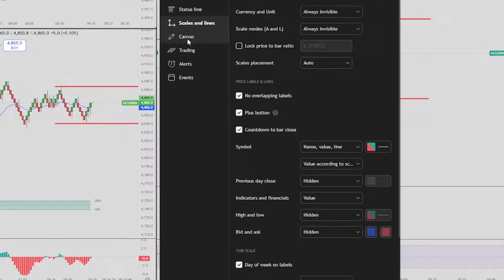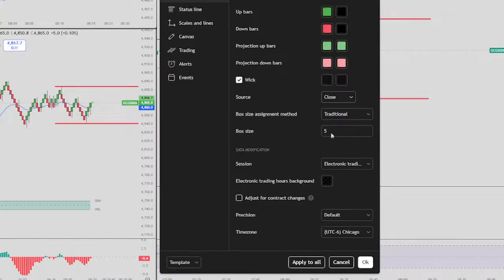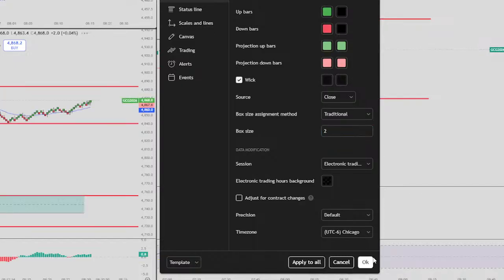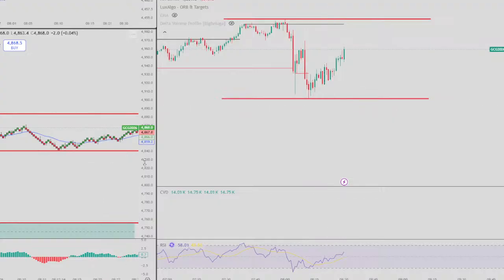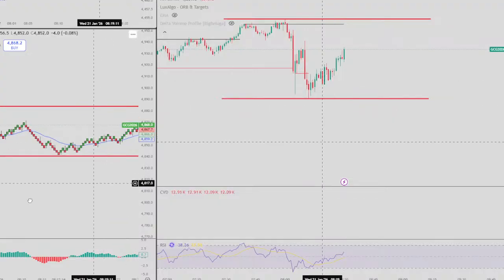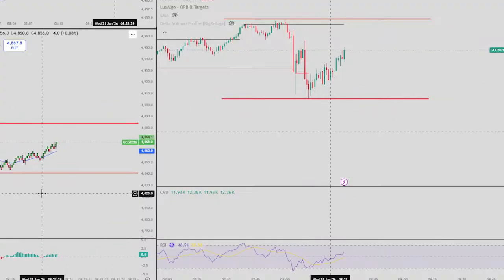So that's what I'm also considering, because normally I trade off one, but part of me is like, what if I switched to two, less chop from one?